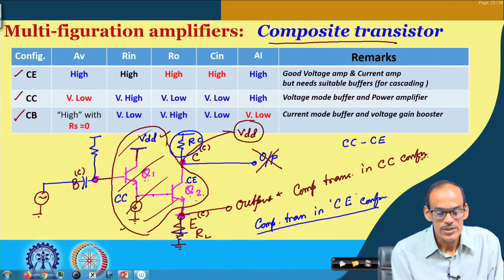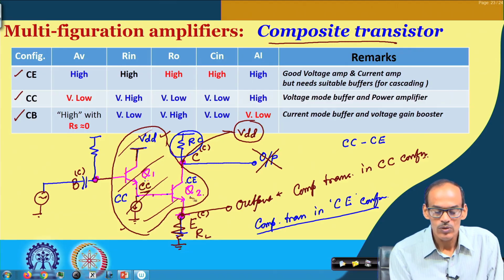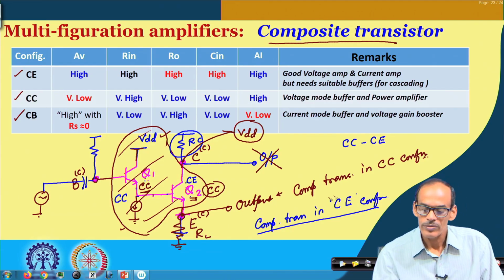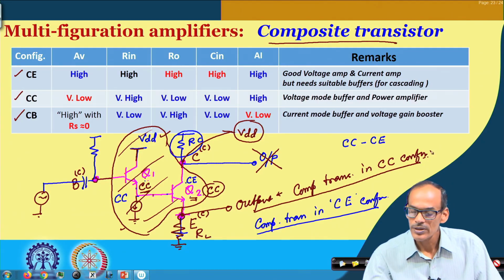But internally, Q1 is in CC and Q2 is also CC. So, in other words, if the composite transistor is in CC configuration, eventually we get CC followed by CC.